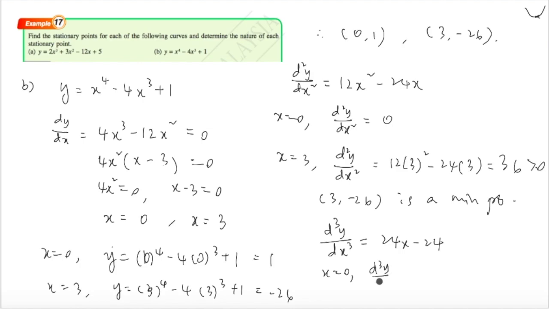A point of inflection requires d2y/dx2 equals 0 and d3y/dx3 not equal to 0. With these two conditions, (0, -1) is a point of inflection. This is the third derivative.